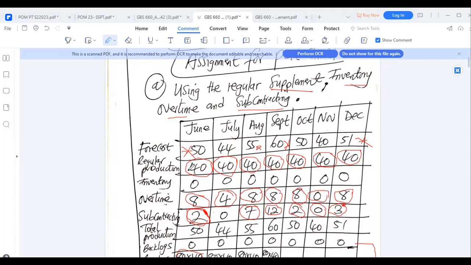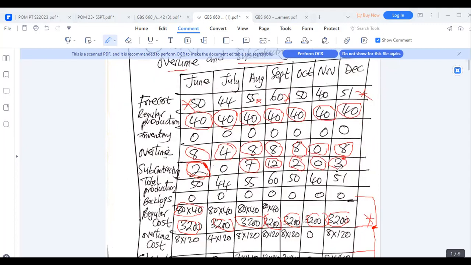The regular production was supposed to be only 40 units, and the subcontracting maximum capacity from the question was 8 units. So this is why the breakdown is coming like this: regular production plus overtime and subcontracting should give us the total demand forecast so that we produce to meet the demand.